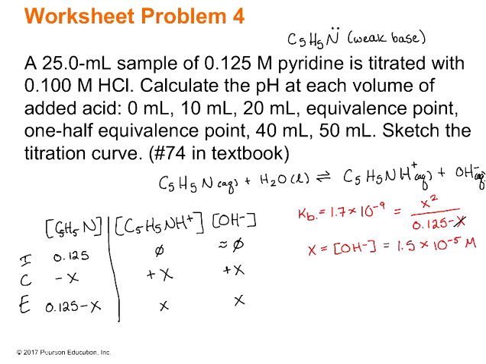So now that we have the concentration of hydroxide ions, we can calculate the pOH, which is just negative log of 1.5 times 10 to the negative fifth. And the value I got for the pOH is 4.84. So now we can calculate the pH by subtracting that value from 14.